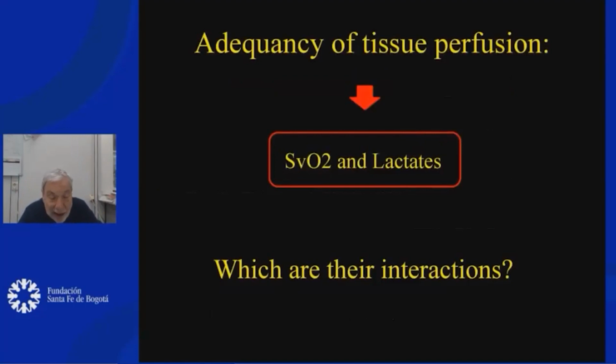And if you take the guideline of sepsis, whenever you have a sepsis, give 2 liters of fluids in a quite short time. Is that correct? I would like to call your attention to 2 variables, which are the venous saturation and the lactate. For simplicity, we start with the venous saturation, and then we go more in depth with the lactate.